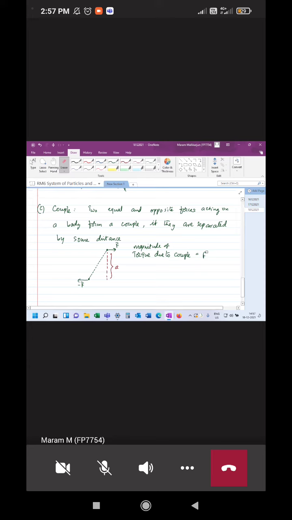A is the perpendicular distance between the two forces, that is, the distance between the lines of action of the forces.